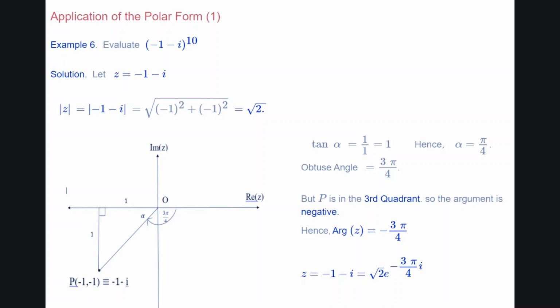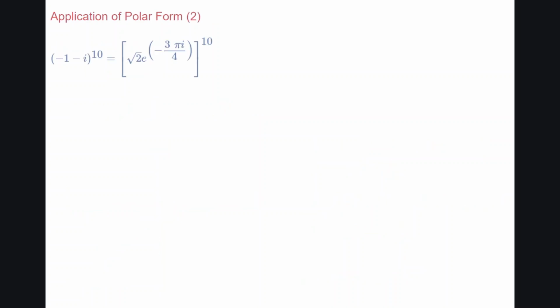Therefore, we can write z, which is minus 1 minus i in Cartesian form, in polar form as square root of 2 times e to the minus 3 pi on 4 times i. Now we can write minus 1 minus i, all to the power of 10, as root 2 times e to the minus 3 pi i on 4, all raised to the power of 10.